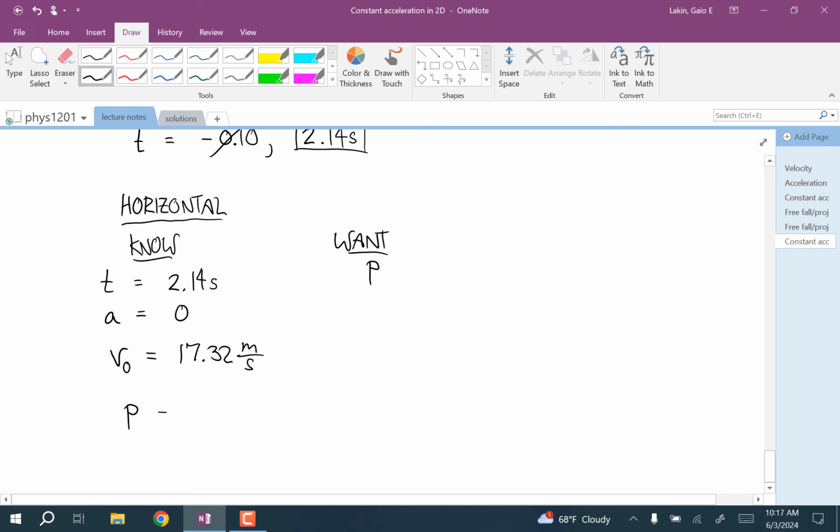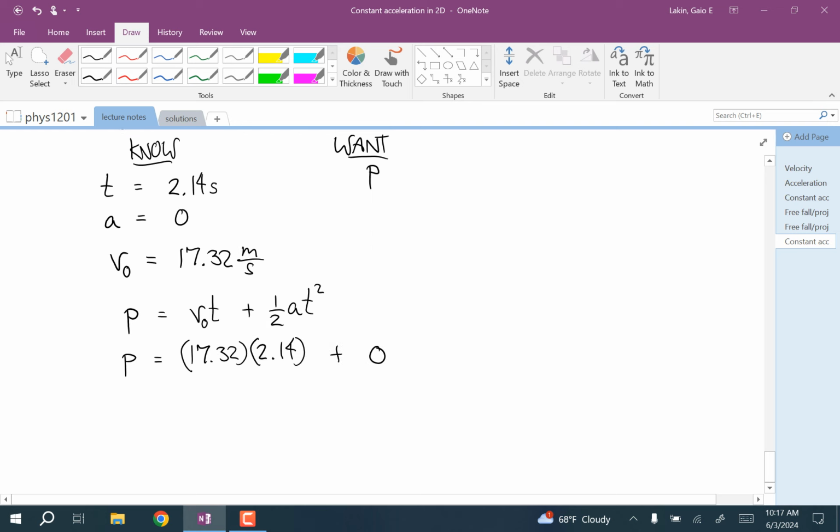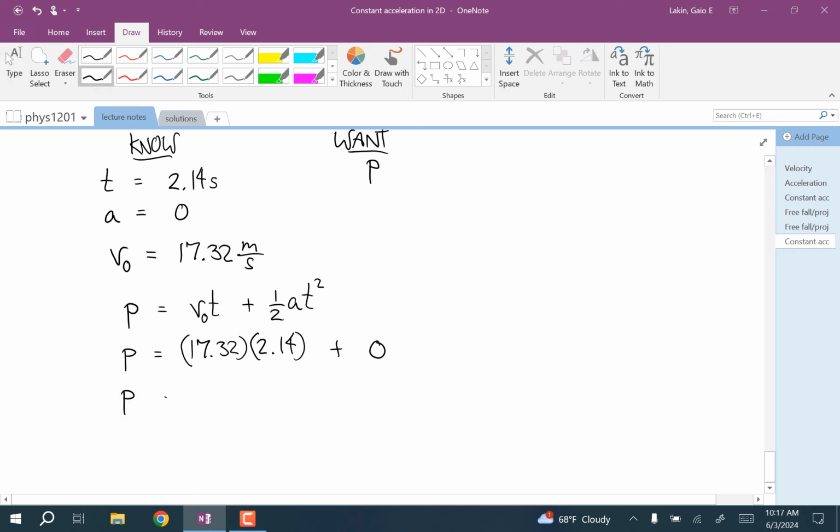And so we get P is equal to V0t plus 1/2 At squared. So P is equal to 17.32 times 2.14 plus, that A is 0, so this whole thing becomes 0. And we get a final answer for the horizontal position of 21.36 meters.